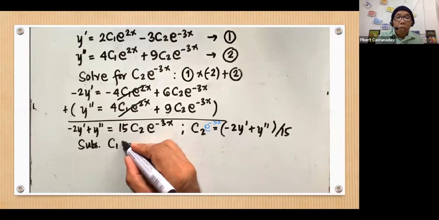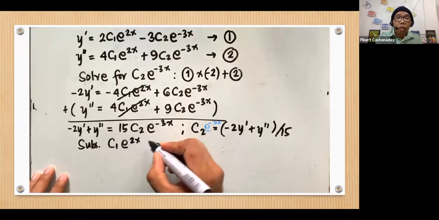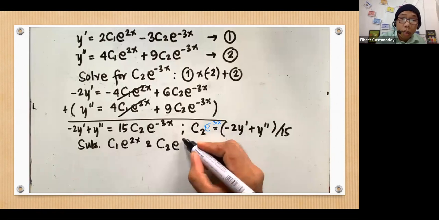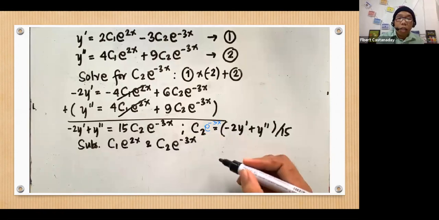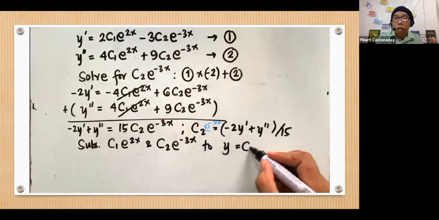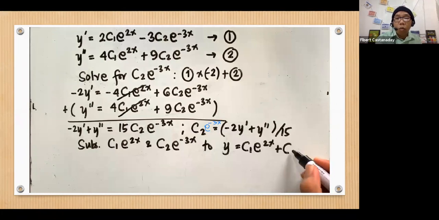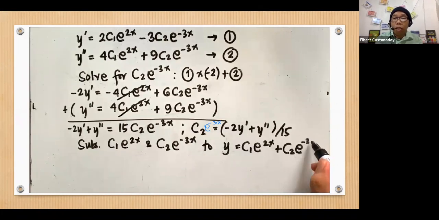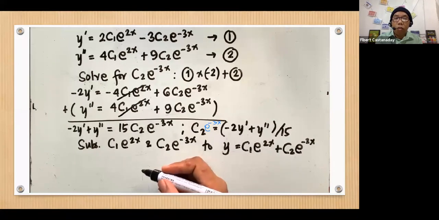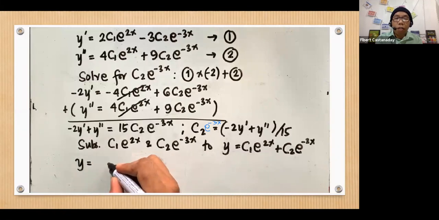Now what we will do is substitute c sub 1 e raised to positive 2x and c sub 2 e raised to negative 3x into our given equation, and that is y equals c sub 1 e raised to 2x plus c sub 2 e raised to negative 3x. So now you plug in the values. We now have y equals the first term, c sub 1.